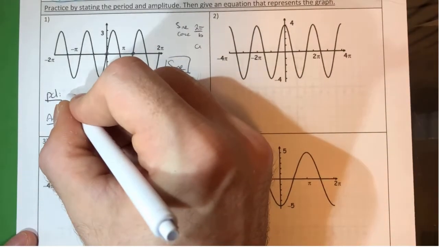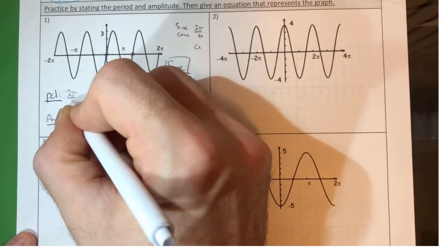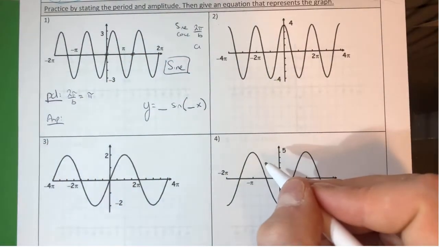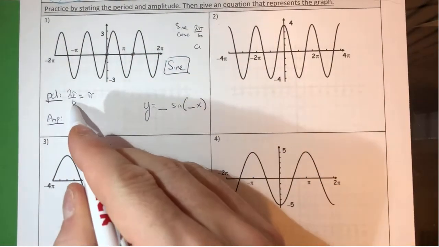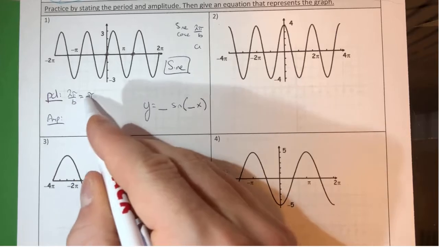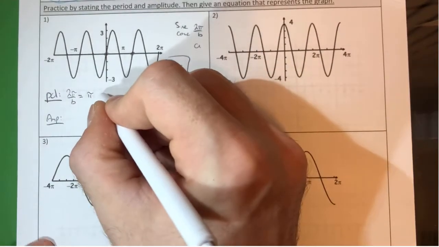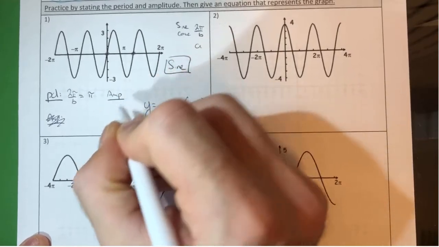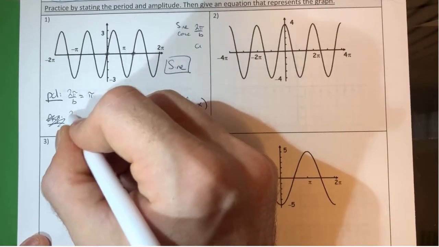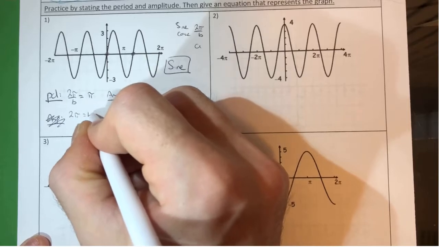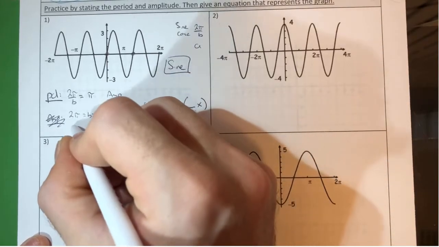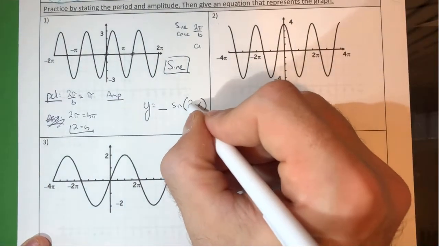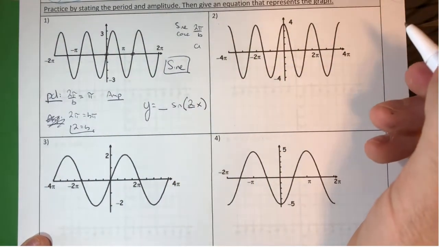So I know 2 pi divided by b ends up being equal to pi, and I just need to figure out what this b is. So I'm going to cross multiply, and I'm going to get 2 pi equals b pi. Divide both sides by pi, and my b is equal to 2. So I know that this is a 2.